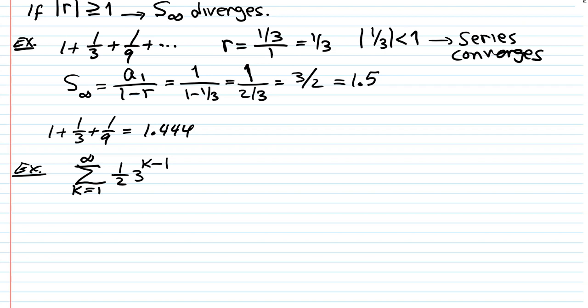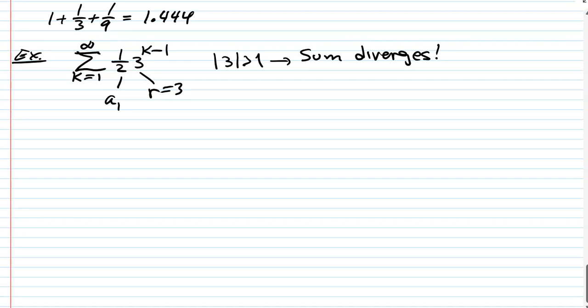It's just the infinite sums that may converge or diverge. I need to find the common ratio. Again, this is my first term. Common ratio is 3. The absolute value of 3 is greater than 1. Therefore, the sum diverges. We're done with this one. We cannot find the sum. It gets too large, too big. So we cannot find this sum.